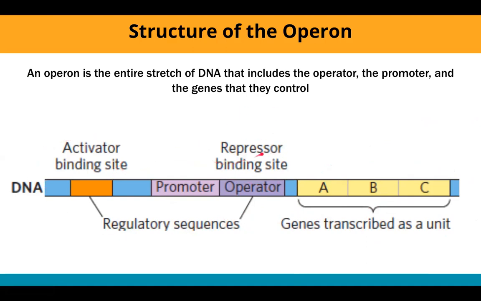Repressors usually bind to the operator, and activators are usually found upstream from the promoter. The genes are transcribed to form protein molecules such as enzymes or structural proteins.